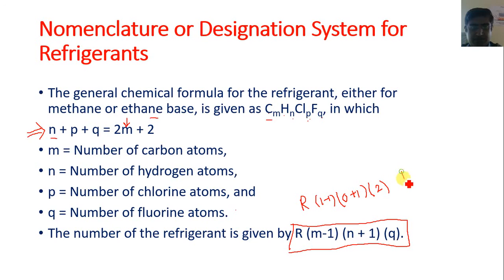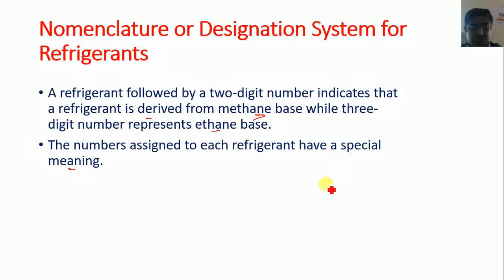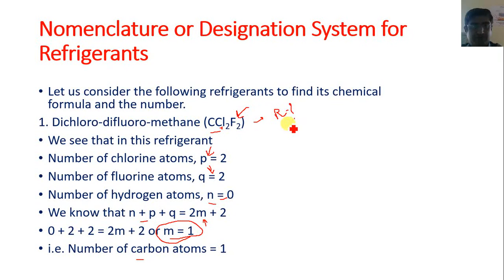So we can also write R, 1 minus 1 is equal to 0, 0 plus 1 is equal to 1, into 2. So we can also write this as R12. It means that we can write CCl2F2 as R12.